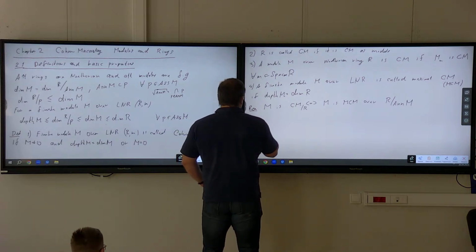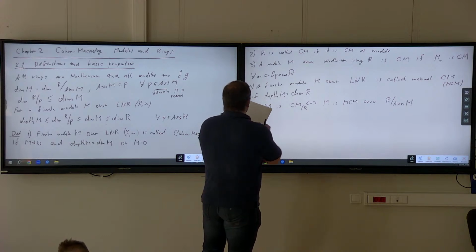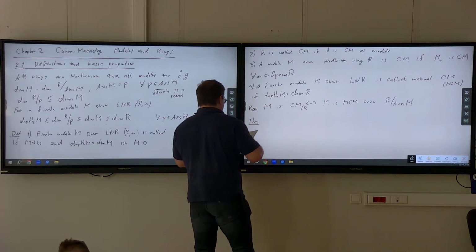Okay. Theorem. I'm not sure who first proved this theorem, probably Grothendieck, but this is a very simple observation.